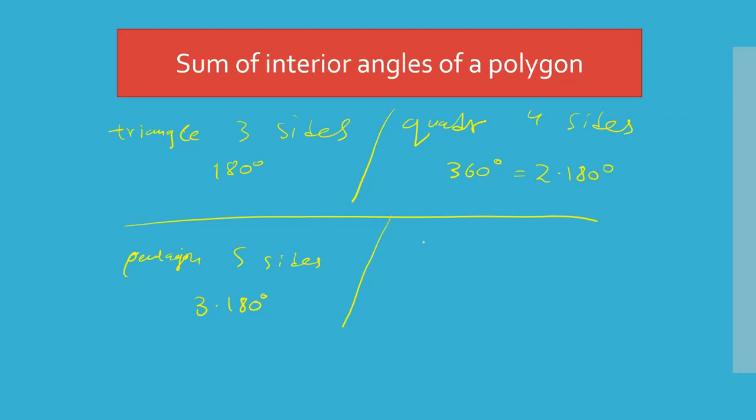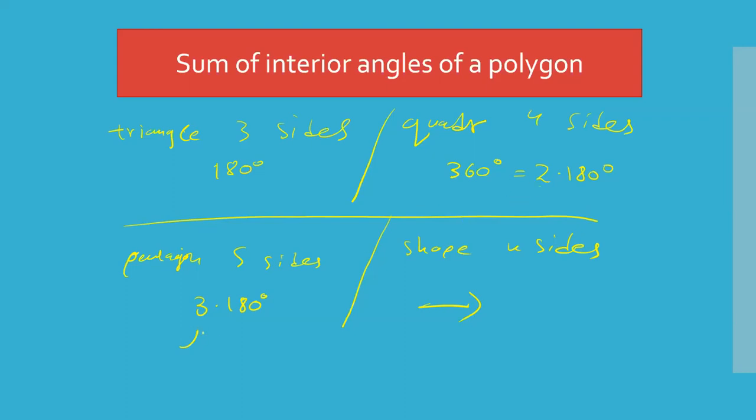So can you see the pattern here? If I gave you a random shape with n sides, what would we logically say the sum of the interior angles is? Can you notice the pattern? 180 times what? Because in all of the cases, we have 180 times something.